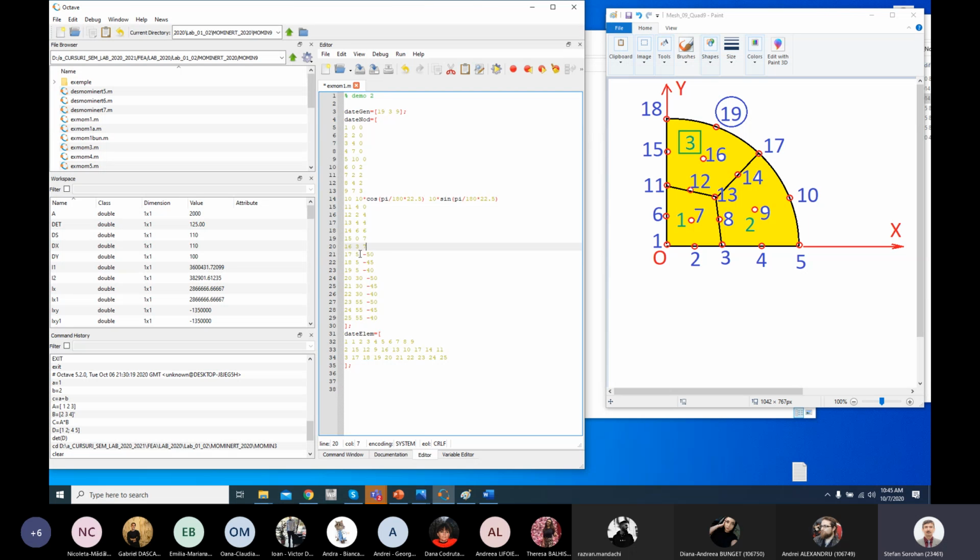You know this one from the previous, or we can take this one here, copy, and for coordinates of this node here, I will take 45 degrees. And for 18, this is clear. This is 0 and 10.